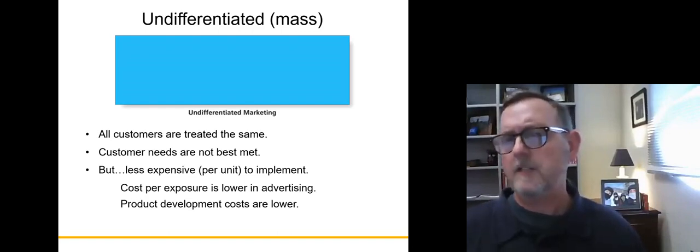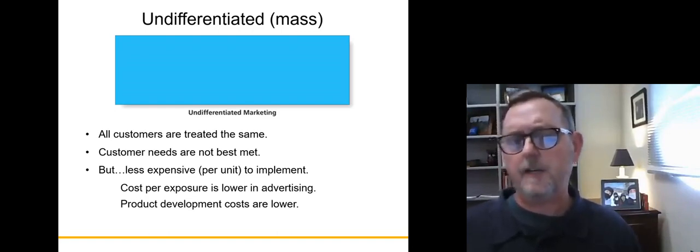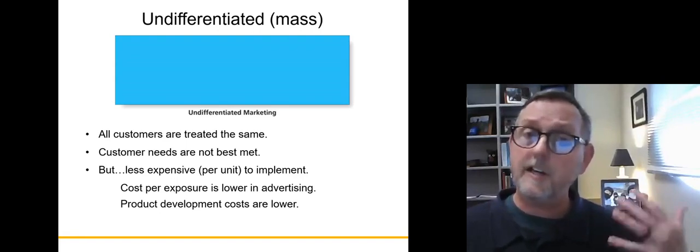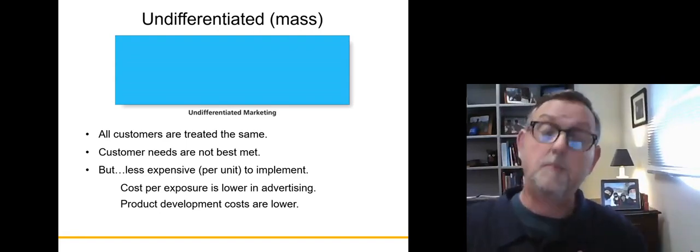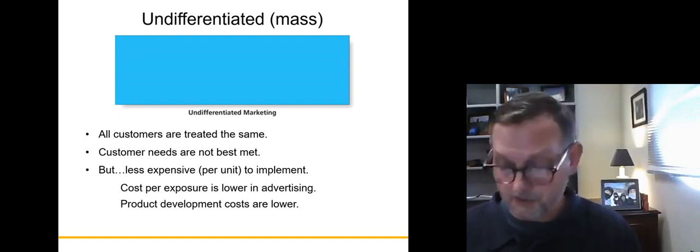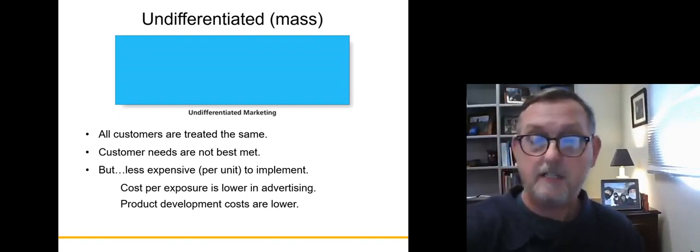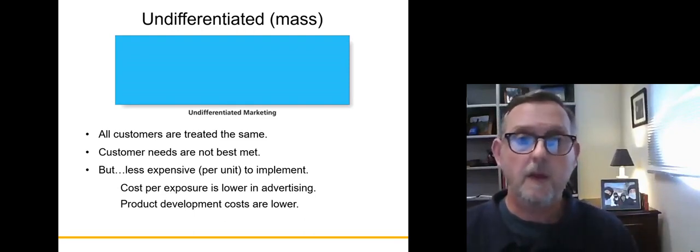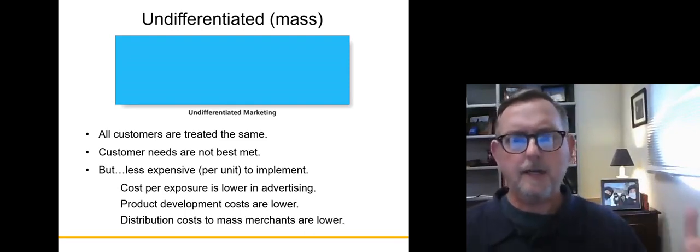So this would clearly be the idea where, because of economies of scale and because of the volume and size of our buys, we can reduce our costs from a marketing perspective. Our marketing costs are less per person, per customer, but the customers' needs aren't always best met by doing this.